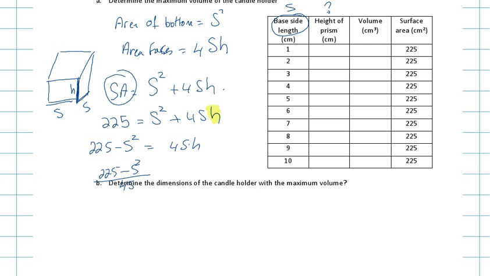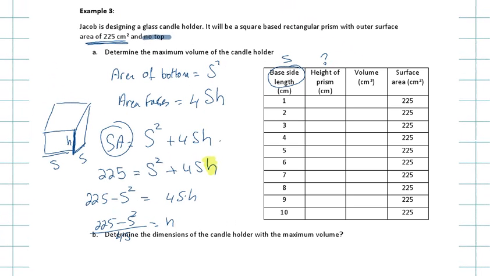So all I have to do right now is, I know that my S is 1, for example, I plug in 1 for S, and I find H. So the formula for the height is 225 minus S squared over 4S. All I have to do is take that value of S, plug it in, find the value of H. Are you guys okay with this?